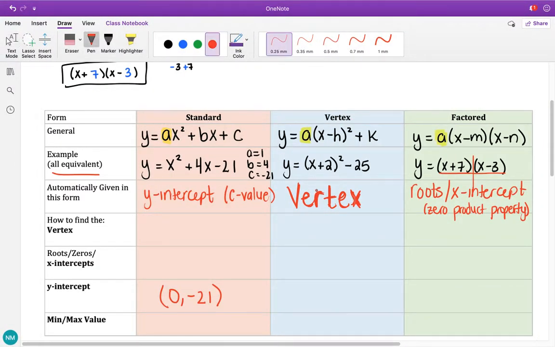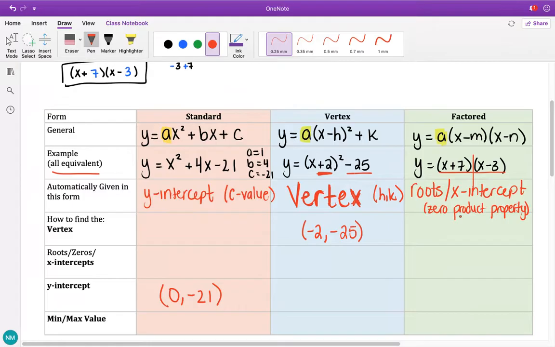Okay, so the vertex here is going to be h, k, whatever hk is. So here, h is going to be the opposite of this, which is negative 2. So the vertex here is negative 2, and it's going to be the regular of this, not opposite, so negative 25.